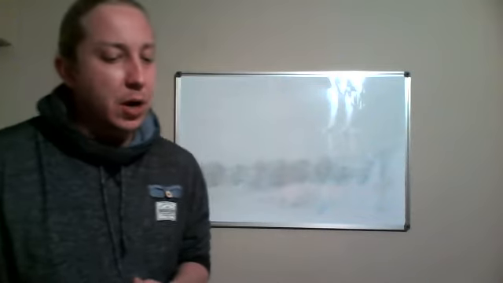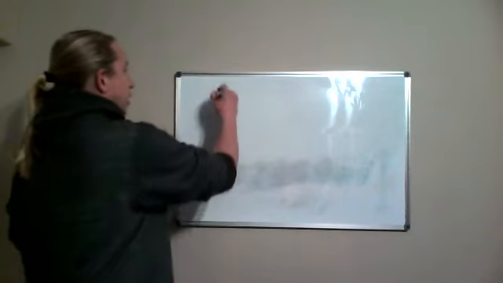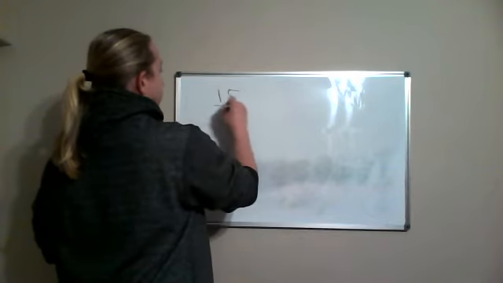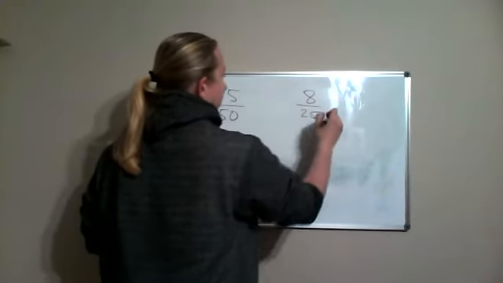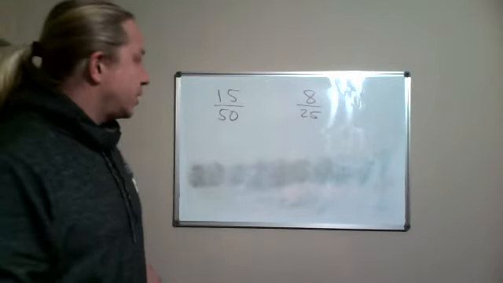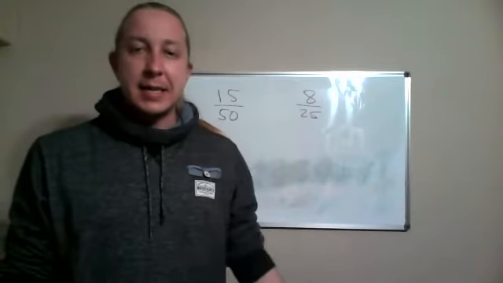Okay, so let's continue. So the next example really says, which score is better, 15 over 50 or 8 over 25? Okay, so let's check. We have 15 over 50 or 8 over 25. All right, so we have exactly the same problem.